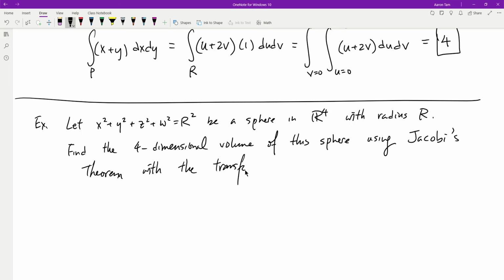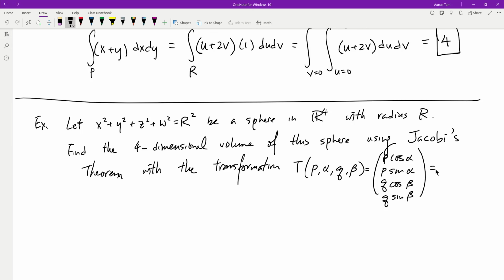So the Jacobian theorem with the transformation right here. This transformation actually has a name. It's often referred to as a double polar coordinates transformation, which looks something like this. T of (p, alpha, q, beta) is equal to (p cosine alpha, p sine alpha, q cosine beta, q sine beta), which is equal to (x, y, z, w).